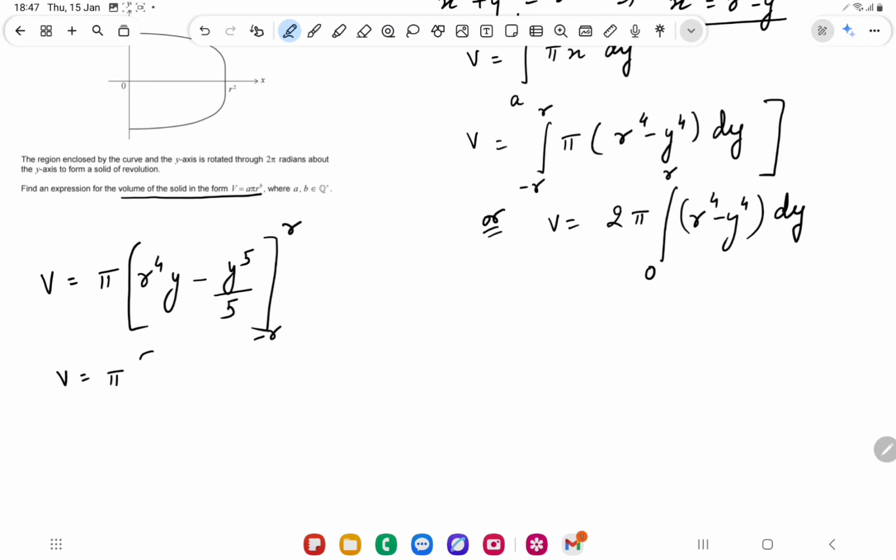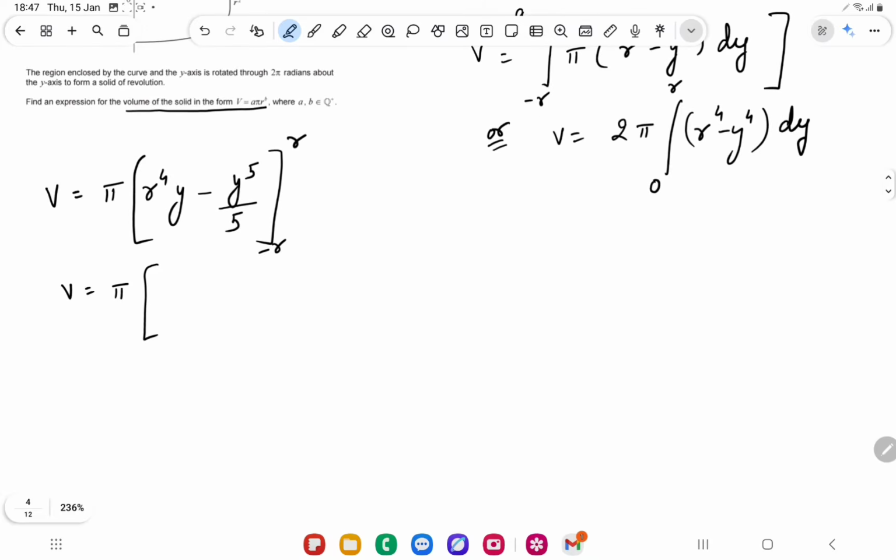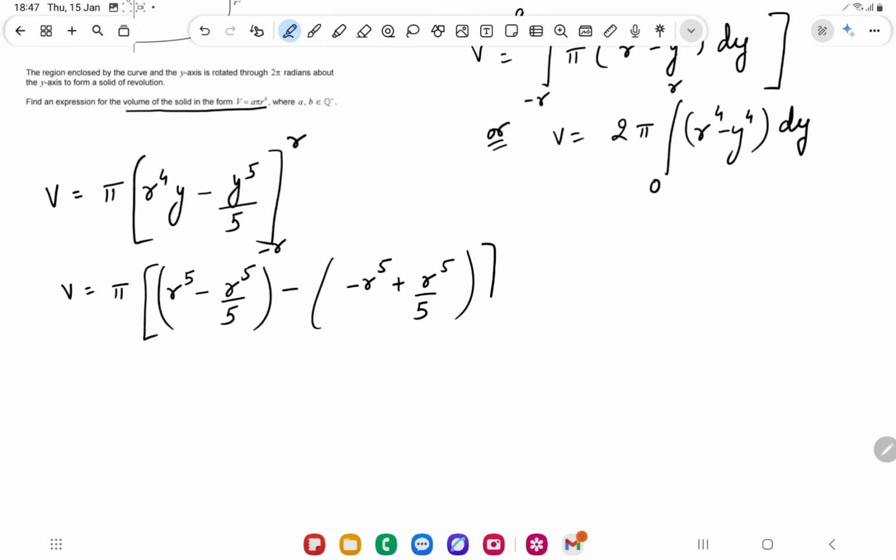Now if I put in my limits, it's always upper limit minus lower limit. So for the upper limit, if I put y as r, it will be r to the power 5 minus r to the power 5 upon 5. This is my upper limit, minus my lower limit, where minus becomes plus.